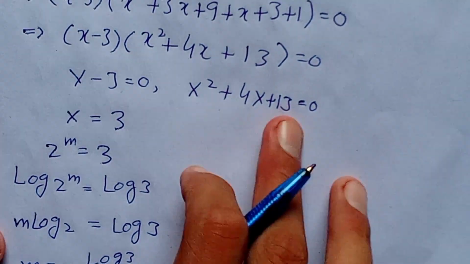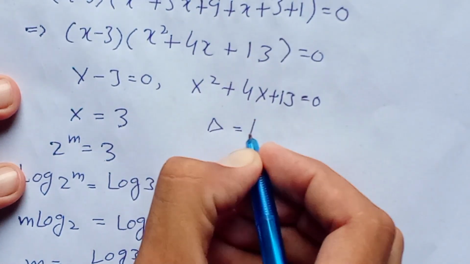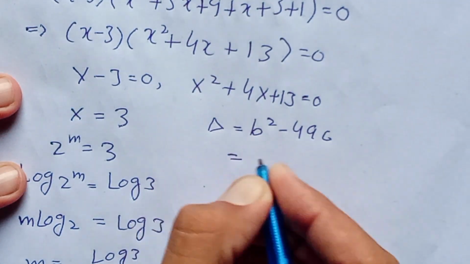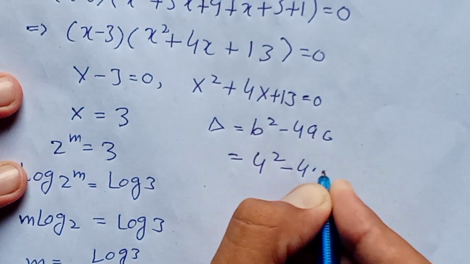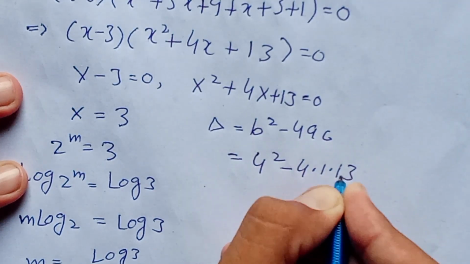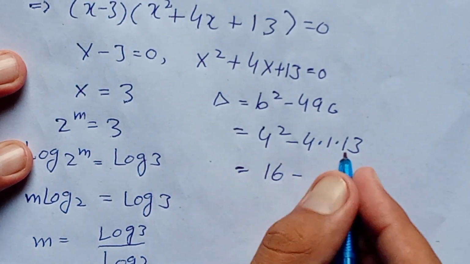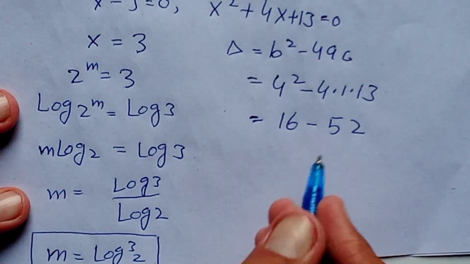Now I can look at the other factor. I can write b square minus 4ac. Putting in the values, 4 square minus 4 times 1 times 13. So 4 square is 16 minus 52, since 13 times 4 is 52.